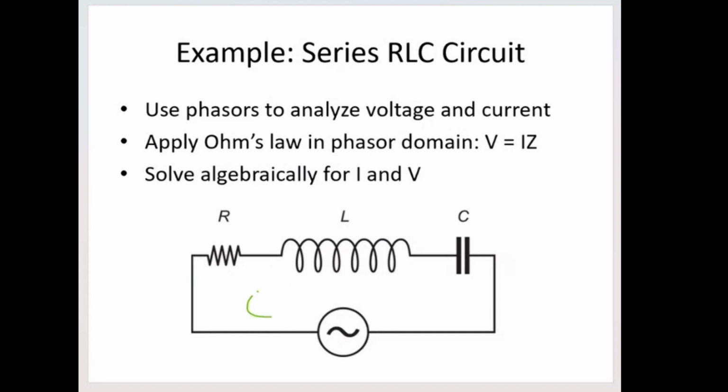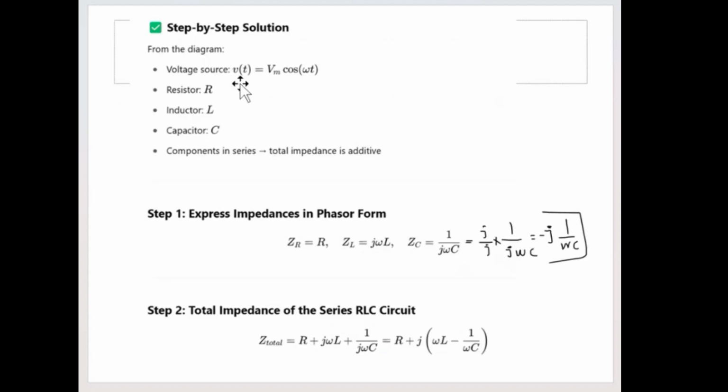What is the current equation in this circuit, if we know the equation for the voltage, which is given? We would like to use the concept of phasor here to simplify our equation.